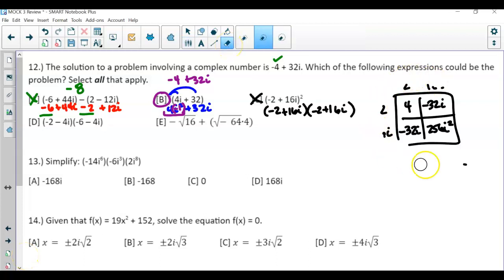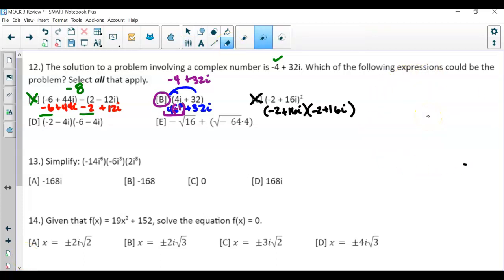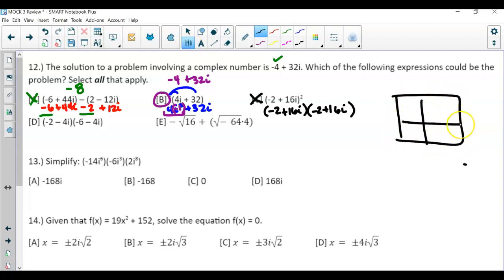So now I'm going to go ahead and erase this here and then set up my box here. So negative 2 minus 4i and negative 6 minus 4i here as well. So now I've got positive 12, positive 24i, positive 8i, and positive 16i squared.